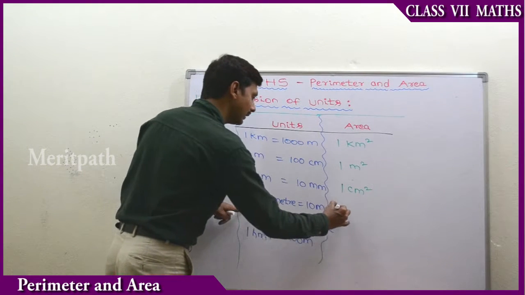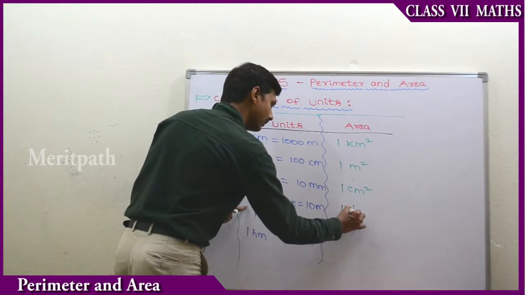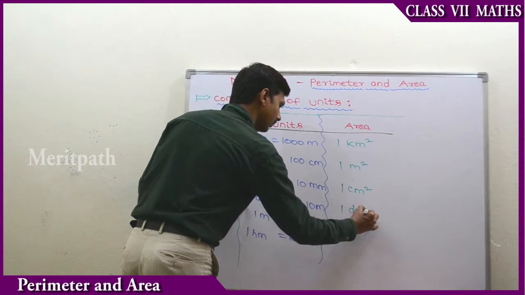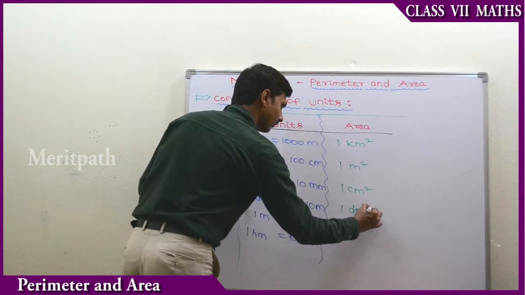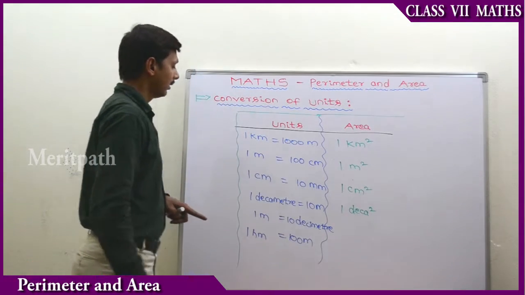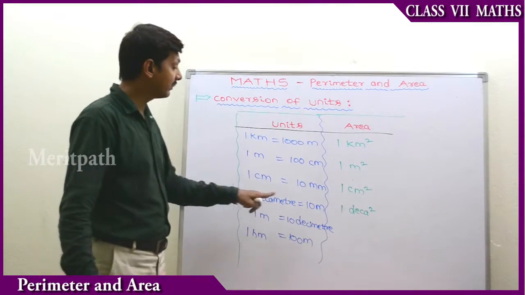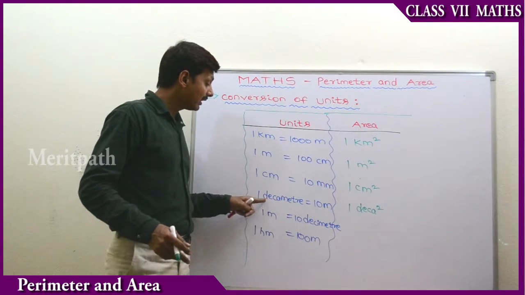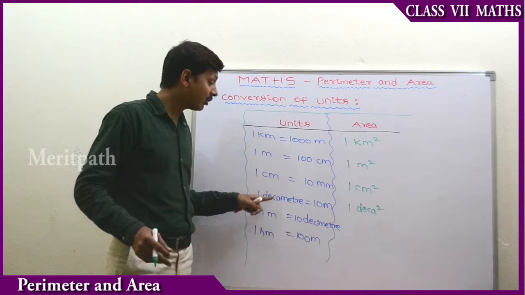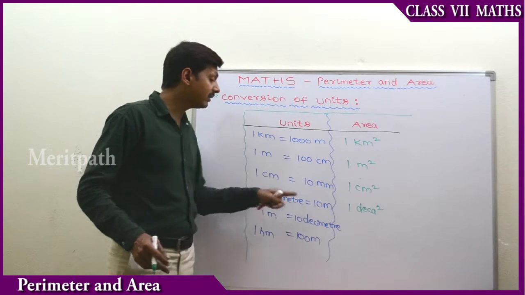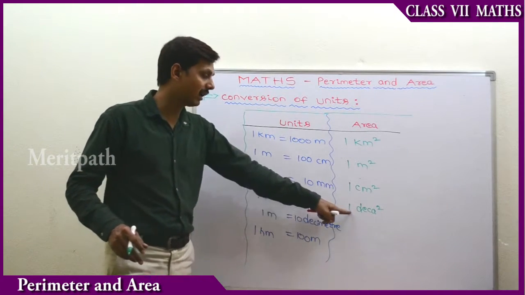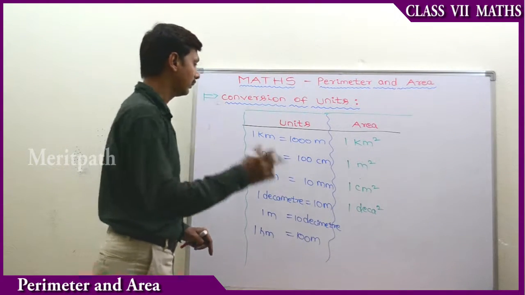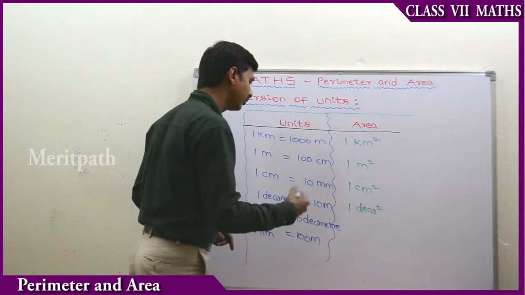The next one, 1 decameter square. There is a little difference between decameter and decimeter. 1 decameter is 10 meters, and 1 meter is 10 decimeters. That's the reason we have written decameter, and we need to change it to meters.